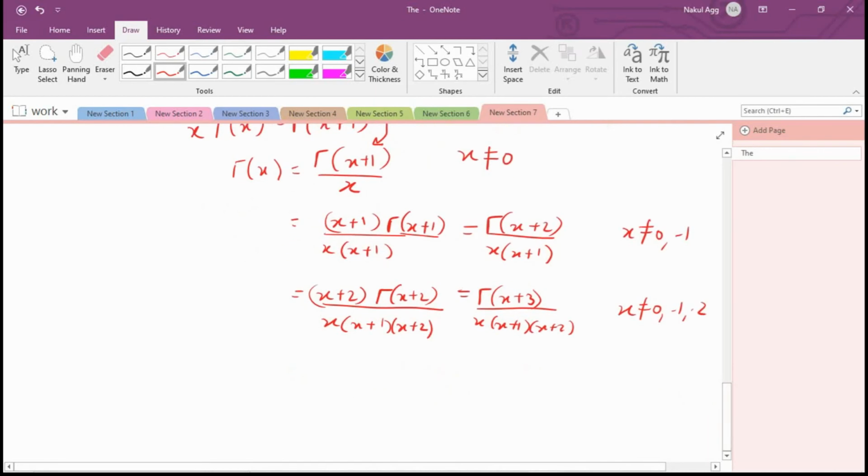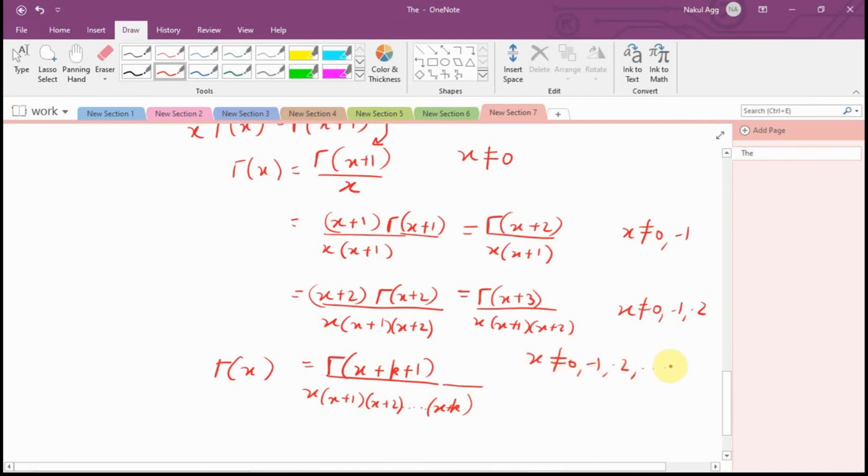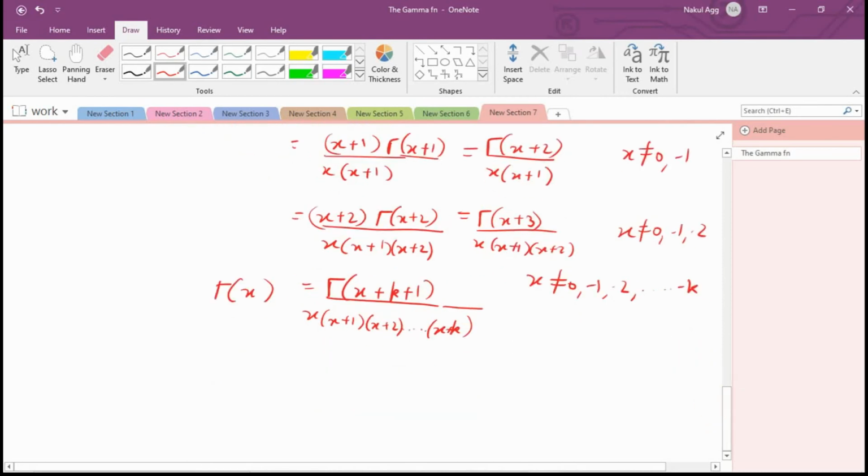We keep on repeating this procedure until we can finally write gamma of x is equal to gamma of x plus k plus 1 over x into x plus 1 into x plus 2 up to x plus k, provided x is not equal to 0, minus 1, minus 2 up to minus k. Why is it of this form, k plus 1? If you can see, 3 can be written as 2 plus 1. So if this is k, this is k plus 1.